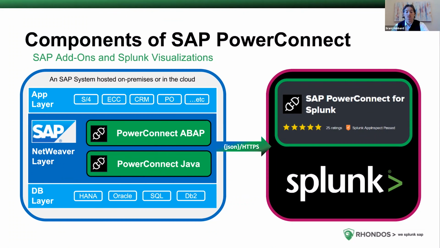So what's important is those agents, in order for an SAP team to feel safe around installing those into their production SAP system, those agents need to be certified by SAP, because if they're not, you violate your SAP support agreement. And these agents are certified by SAP.